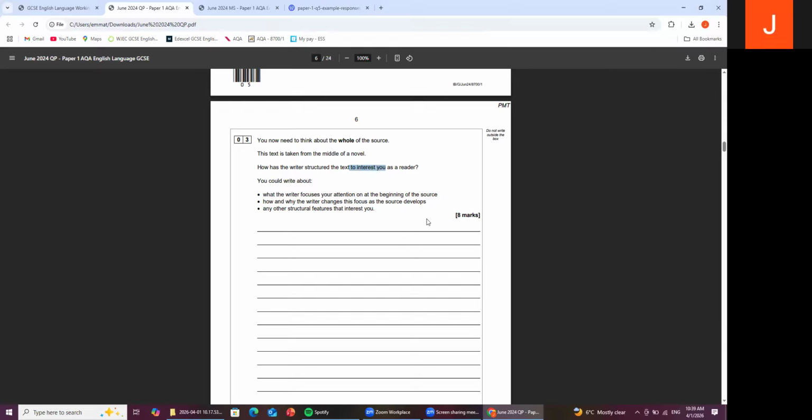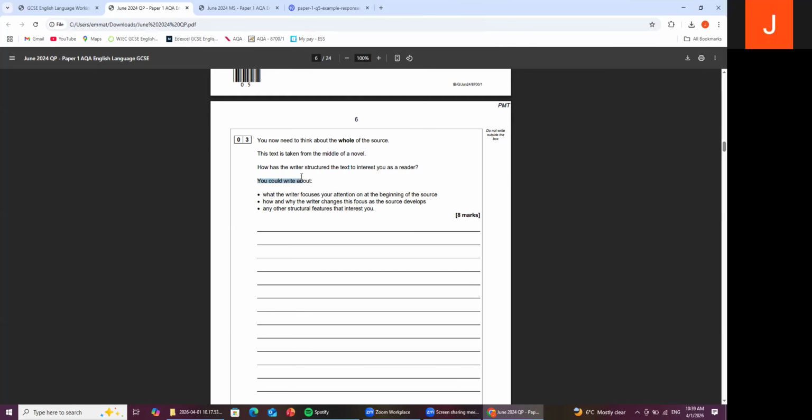How would it interest someone? It's not very specific. Interest me in what way? But for the 2026 exam, you can speak to your teacher or your tutor or an education professional who specializes in English, and they will tell you the same thing as I've just said. In 2026, the wording will be very specific. So bear that in mind.